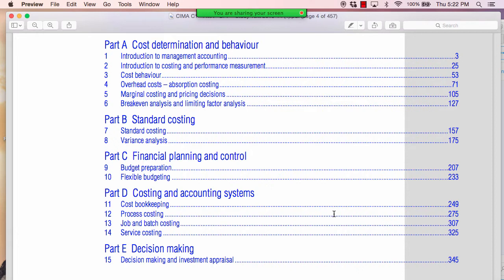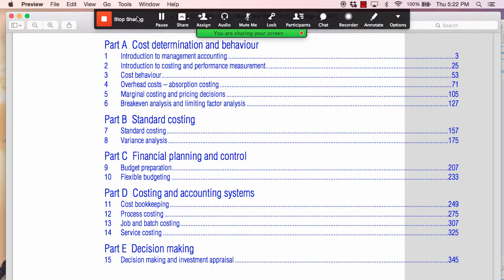The part C, financial planning and control, which is quite an important area throughout the life of a management accountant. And we're looking at budget preparation as well as flexible budgeting. I intend to complete this exercise today. Okay, so let us go into this area straight away.